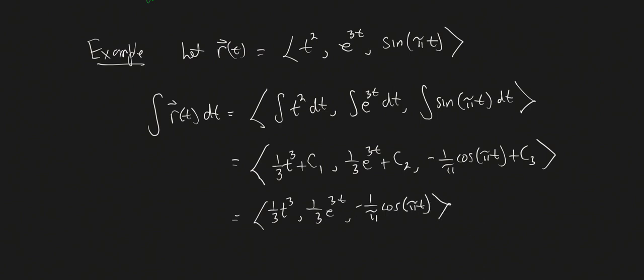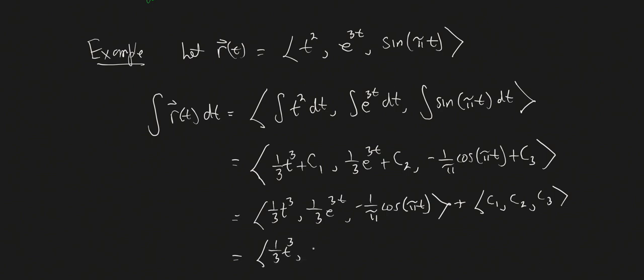So we keep the functional terms in one vector, and then plus my vector of constants, c1, comma c2, comma c3. And this is what we would now refer to as our vector constant of integration.